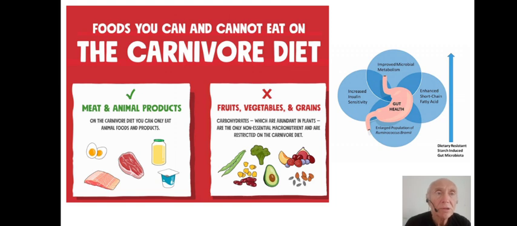Okay, what can you eat on a carnivore diet? Any animal products, especially high quality eggs, fatty meat, and milk and dairy products. But you have to avoid fruits, vegetables, and grains. Any food produced from beans, nuts, fruits, and vegetables is not accepted.